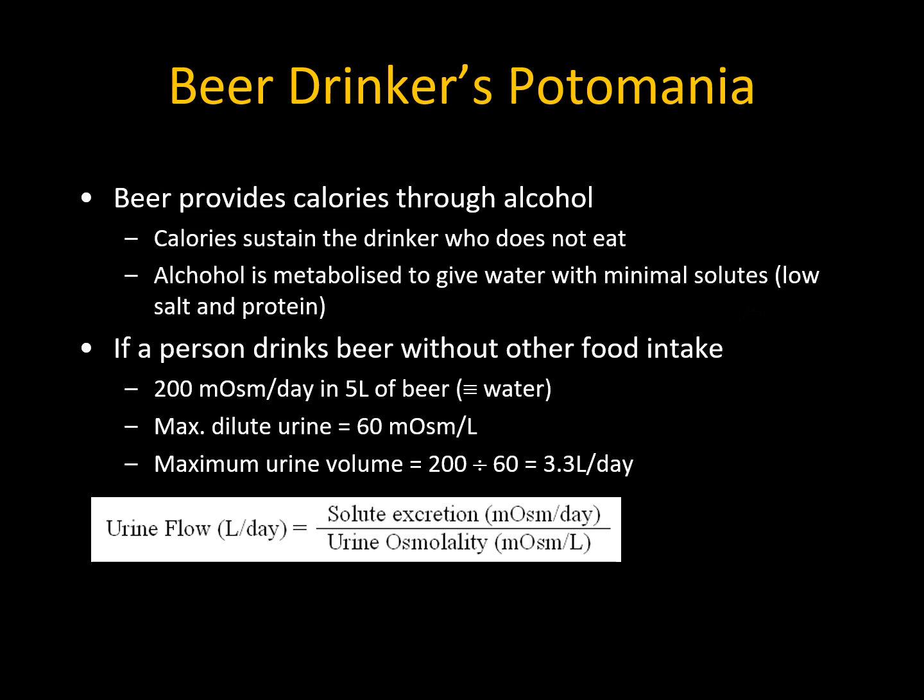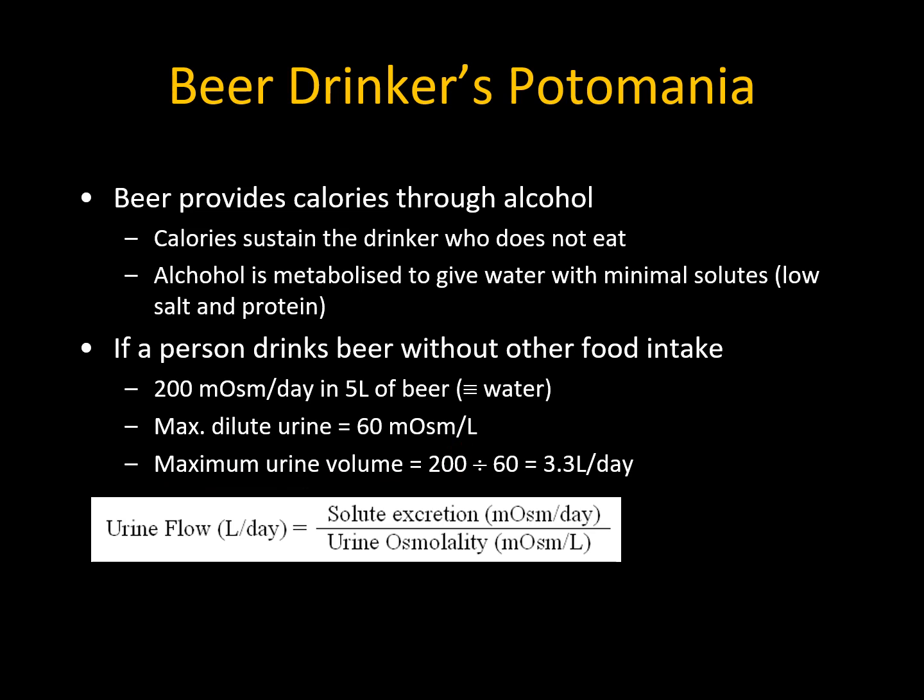Therefore, if a person drinks beer without any other food intake, assuming 200 milliosmoles per day in 5 liters of beer, with a maximum dilute urine a normal person can make at 60 milliosmoles per liter, the maximum amount of urine volume is 200 divided by 60, which is 3.3 liters per day.